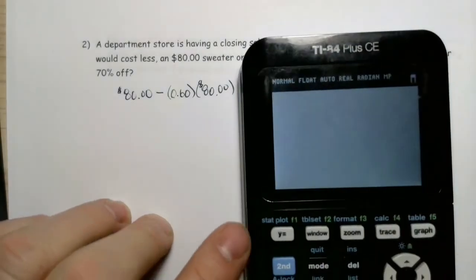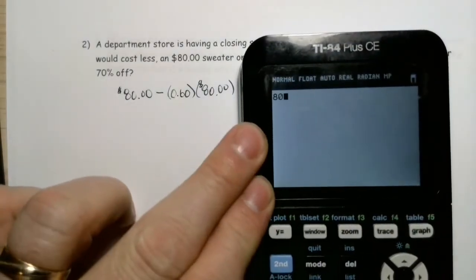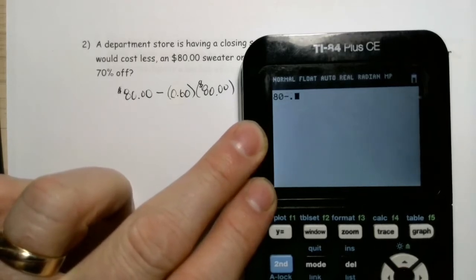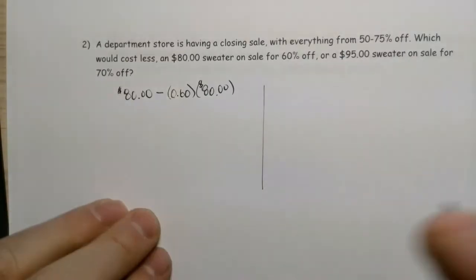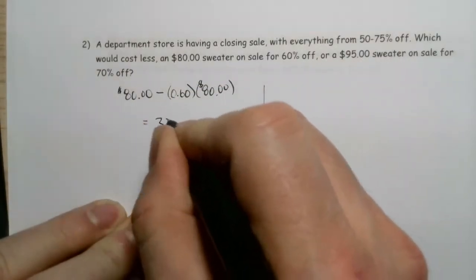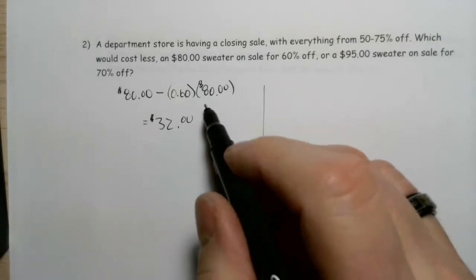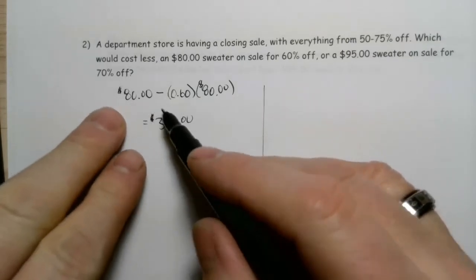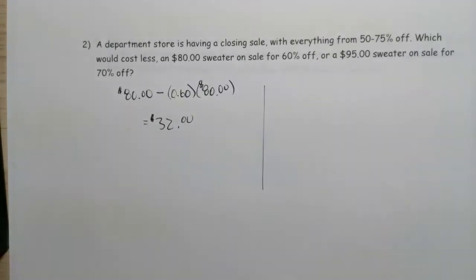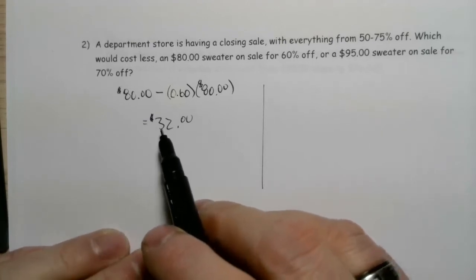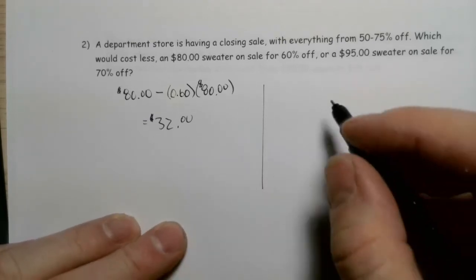So $80 minus 0.6 times 80, and we get $32. I did it all in one step on my calculator, so I don't know how much the discount is unless I figure out the difference. But we're taking more than half of the price off, so that looks right. So $32 for that sweater.